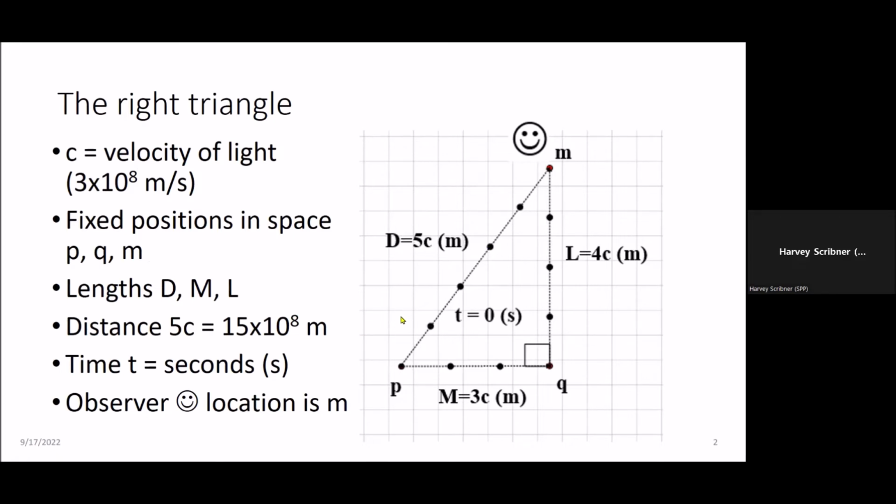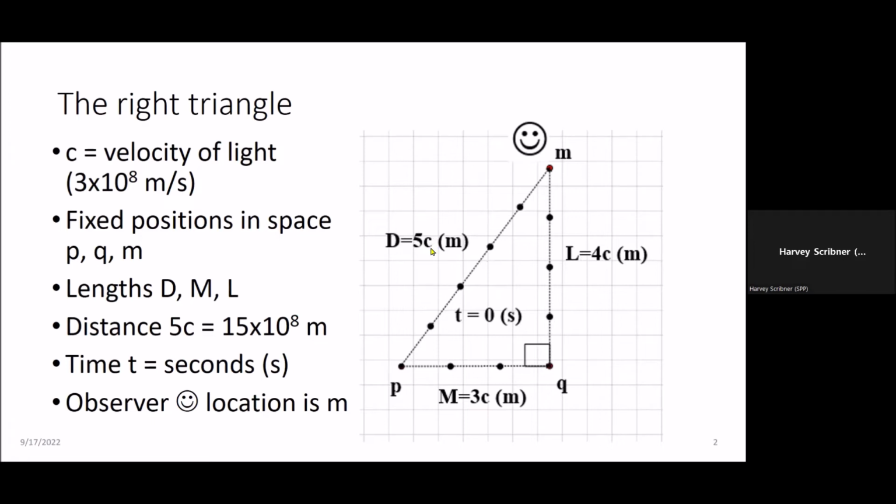Basically, this is the frame that we're looking at, and we're going to do everything in reference to what's happening here. These are distances D, L, M, and 5C, 4C, 3C in meters. Now I do understand that in special relativity or general relativity, you can do that kind of thing. But we're not talking about a velocity.